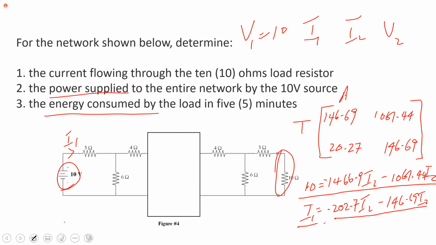I'm looking at V1. Just a minute. V2 short circuited. Am I looking at network A, right?